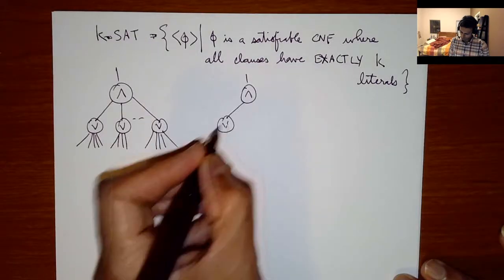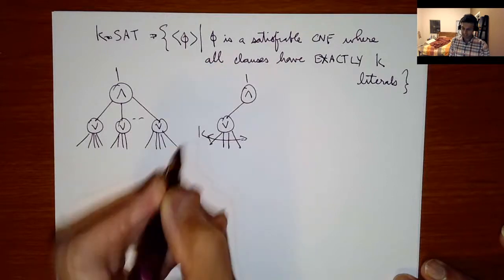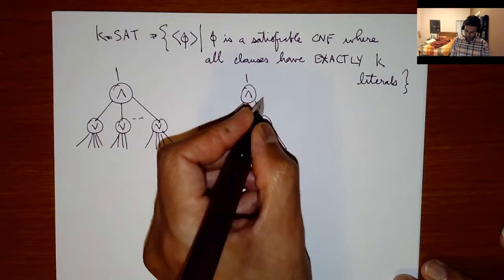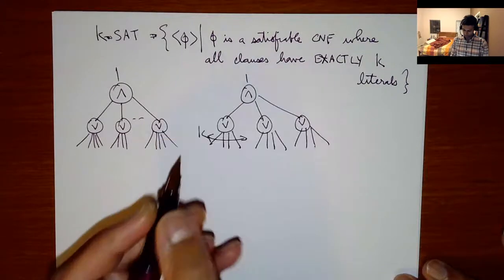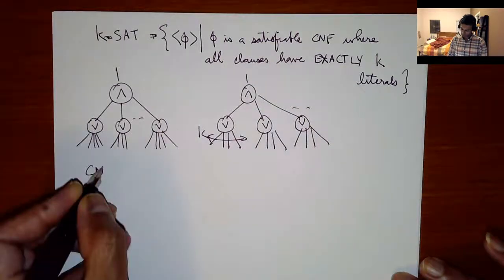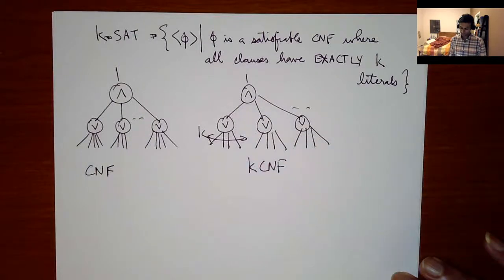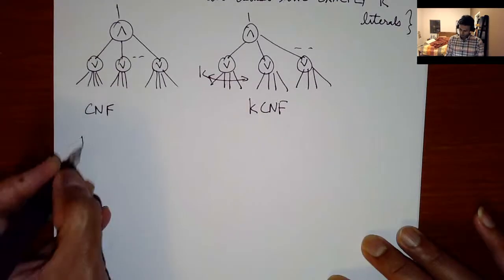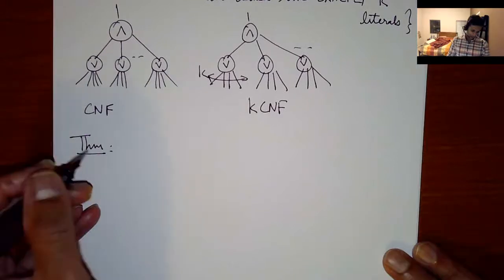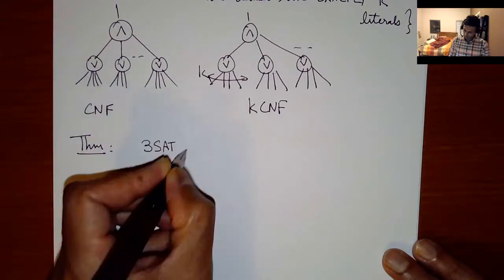It says that the degree of these nodes has to be exactly K. This is CNF, and this would be a KCNF. And KSAT is the language of satisfiable KCNFs. And so now we have the theorem that you've probably most commonly seen, that 3SAT is NP-complete.